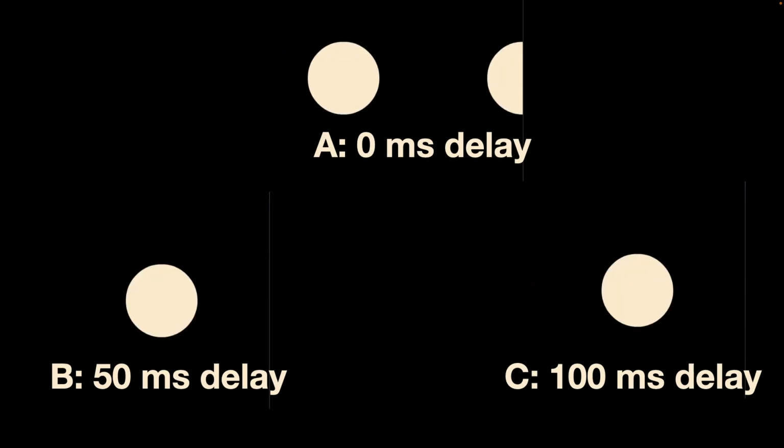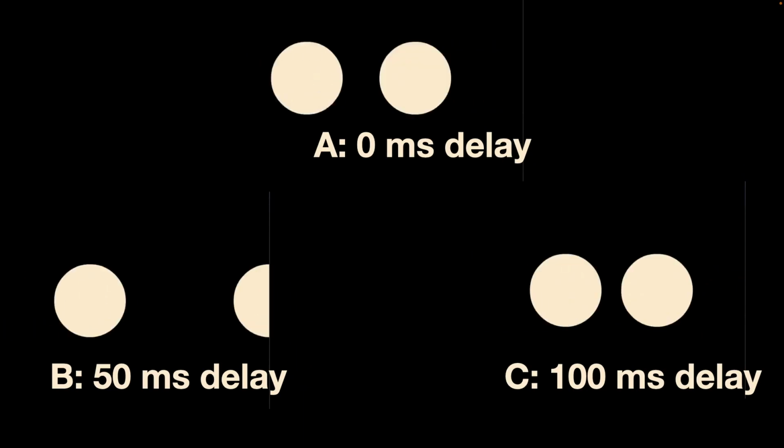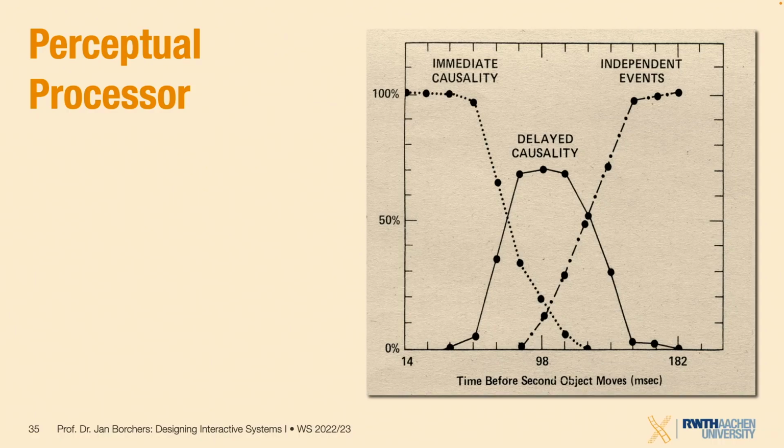If you run this experiment with a lot of people and a lot of different delays, this is what you get. And this is a graph taken from the original work that Cartmore and Newell were publishing in the 80s on this. So here's the delay before the second object moves, right, goes anywhere from basically 0 or 10 milliseconds all the way to almost 200 milliseconds, right?